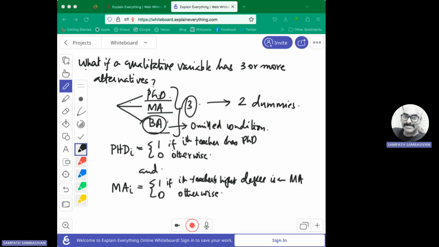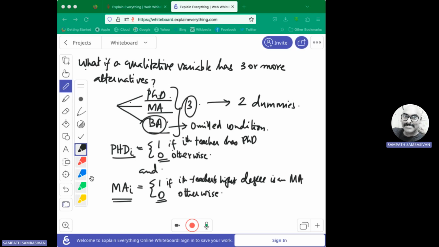The omitted condition, BA as the highest degree, would be represented when both these dummies are equal to 0. When this dummy PhD_i is equal to 0 and the second dummy MA_i is also equal to 0, that would mean that the highest degree of that particular person is a BA degree. Okay.